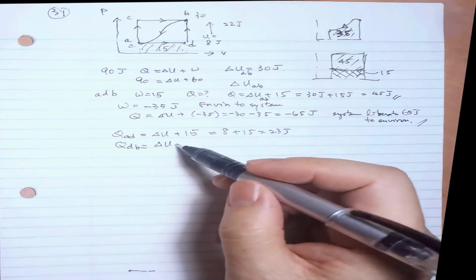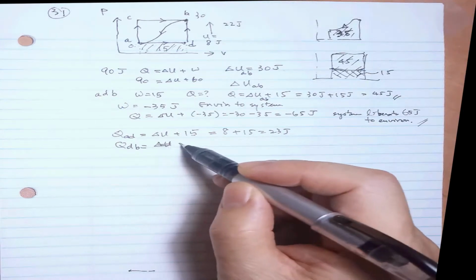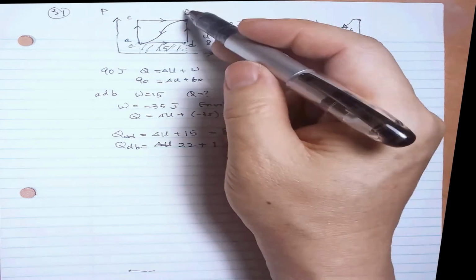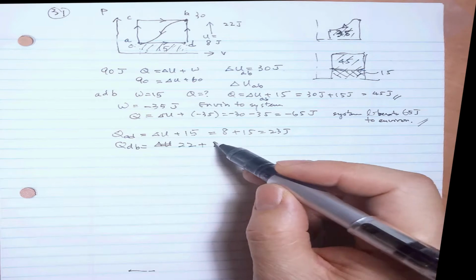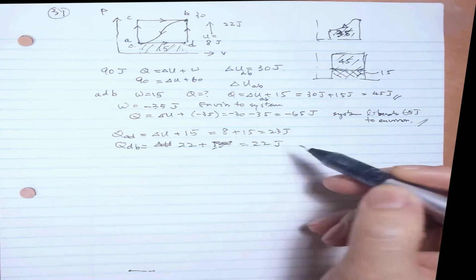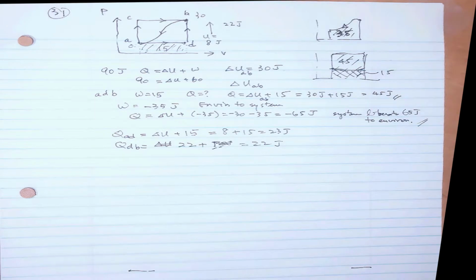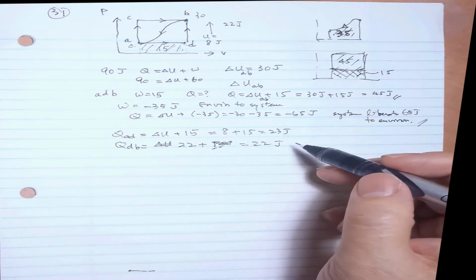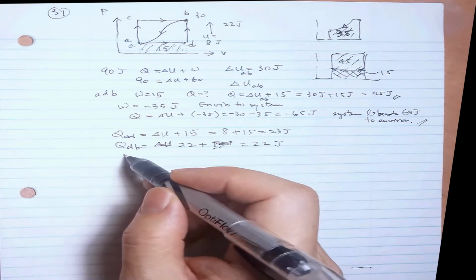The difference in energy. So this will be 22 plus the work done. Well, there can be no work done if it is isochoric. So P delta V, there's no delta V, so this is 0. So the heat energy pumping in should be just 22 joules from the environment to the system. So those are the answers.